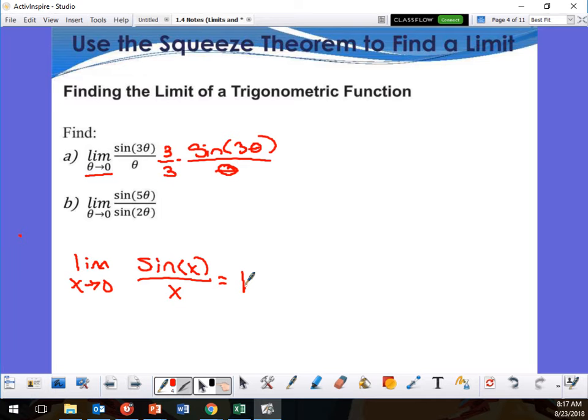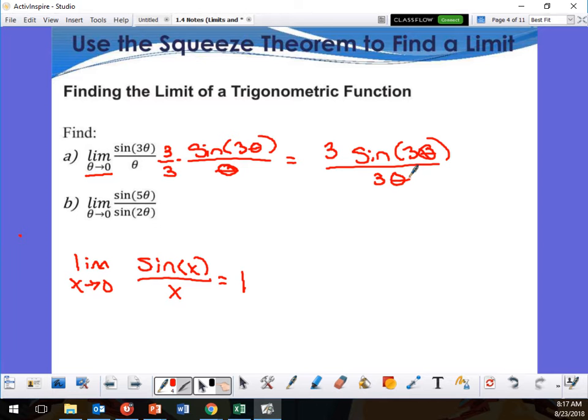Now, can I apply that identity to this problem that I have right now? Yes. So x over x, that means that these two things have to be the same. If they're the same, the identity applies. So in this case, this is now going to be 3 times sine of 3 theta over 3 theta. That's why I multiplied by 3 over 3 here.